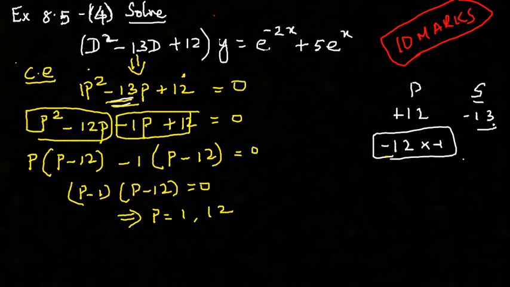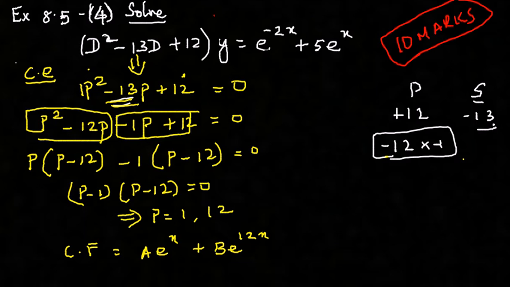So this is my characteristic equation solved. My CF can be written as a e power x plus b e power 12x. It can be written as a e power 12x first also, it doesn't matter.